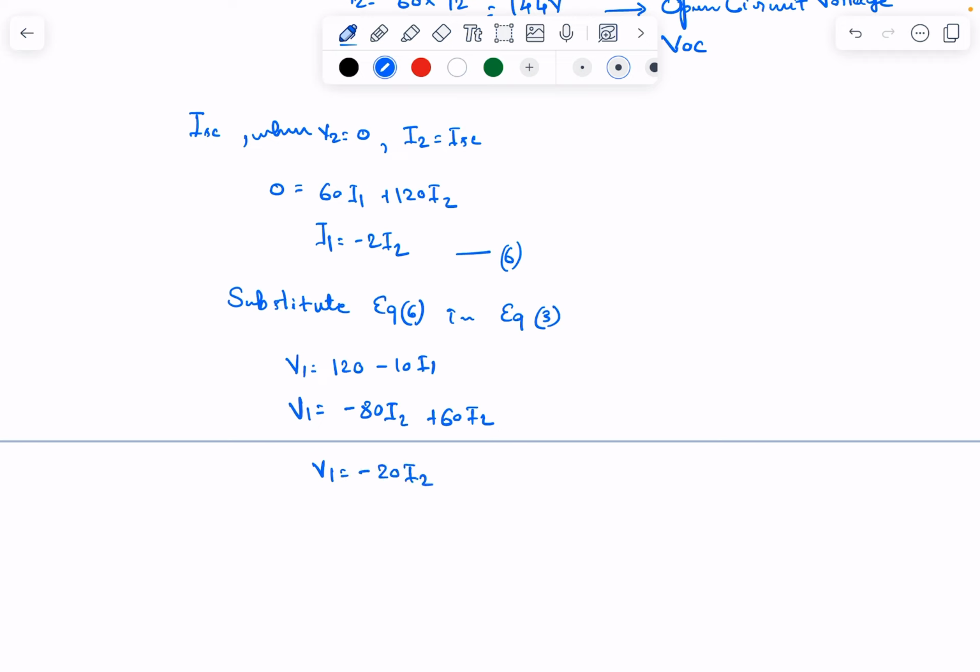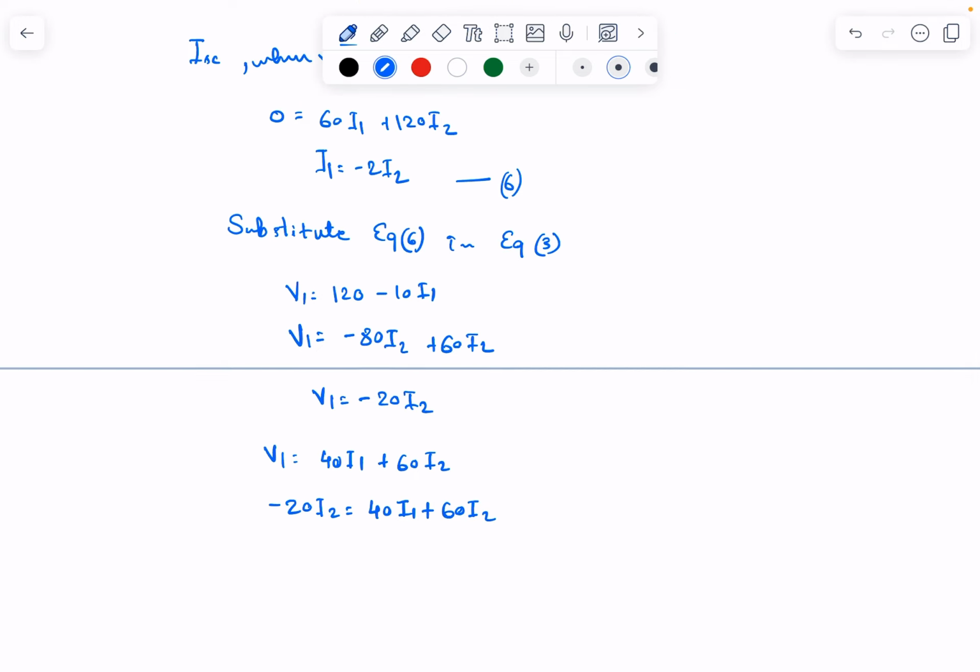Now we solve for current I2. From equation 1, V1 is also equal to 40I1 plus 60I2 from the Z matrix. So we substitute this here. Minus 20I2 is equal to 40I1 plus 60I2.